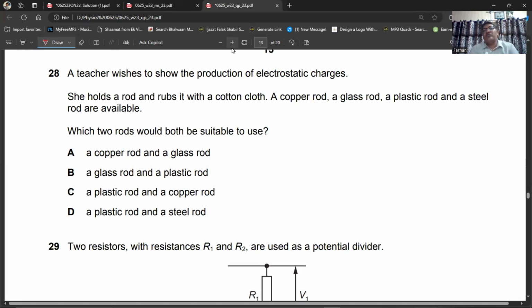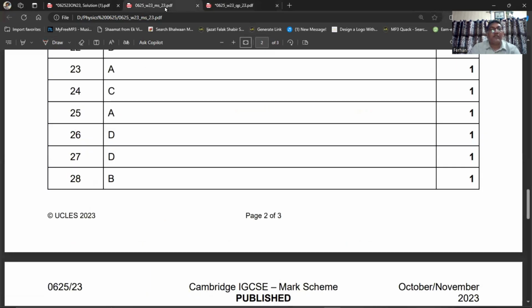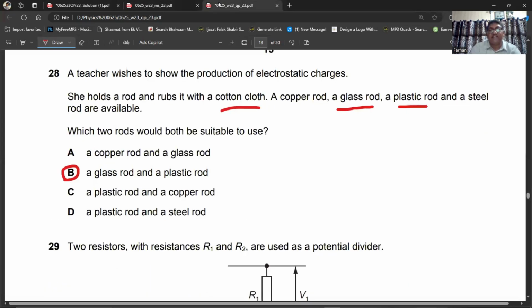You see, when you produce charges by the help of friction, both the materials should be insulators. The insulators are the glass rod and the plastic rod. This is a cotton cloth, which is obviously an insulator. So the glass rod and the plastic rod, yes, this is the option, B. 28B is the right answer, sir.